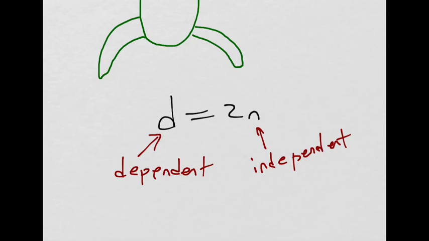What about negative? Could n be negative? Can the frog jump a negative number of times? That doesn't really seem to make sense. And can d be a negative distance? Technically no, because he can jump backwards, but you could still plot where he started from to where he landed as a positive value. Distances are always positive. You wouldn't say he jumped -3 meters.